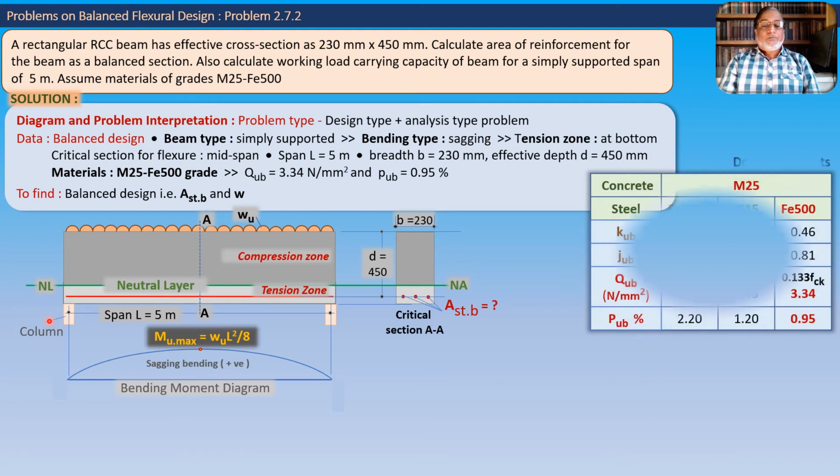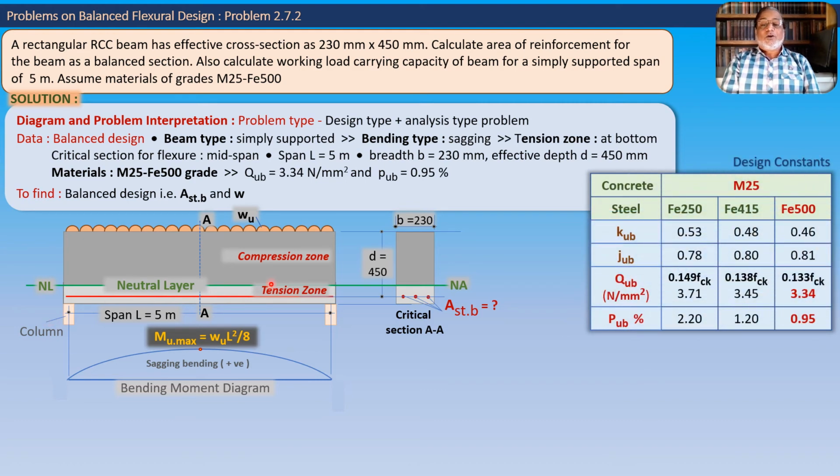So the design constants will be required. We can see that the materials are M25 and Fe500 grade. And we know that the design is a balanced design. So when there is a balanced design, we directly use the values of design constants. The values of design constants directly depend upon the material grades which we are using.